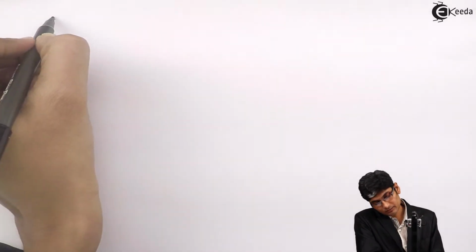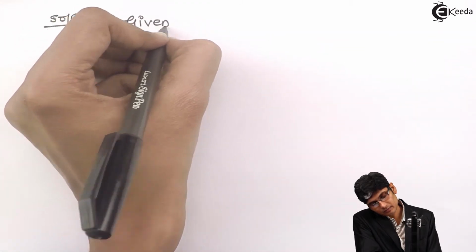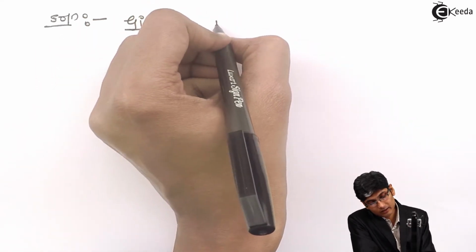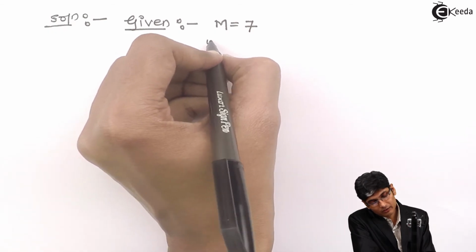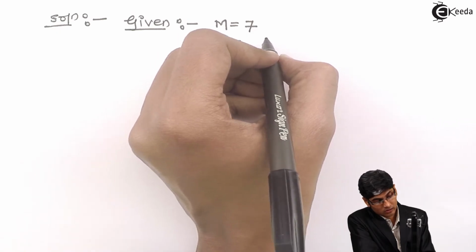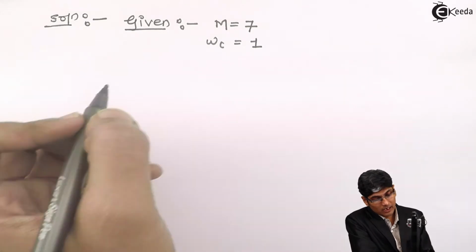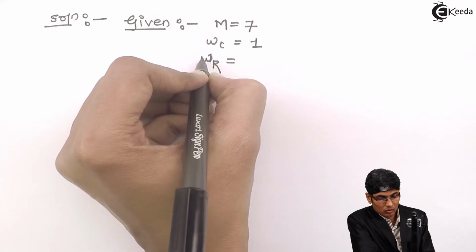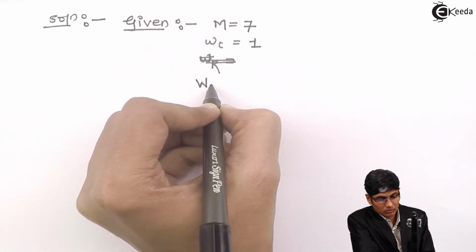Now for the solution, I will first write the given data. I have the length, which is m, equal to 7. Then the cutoff frequency, omega c, which is given as 1 radians. Then they have asked me to use the window function, WR.